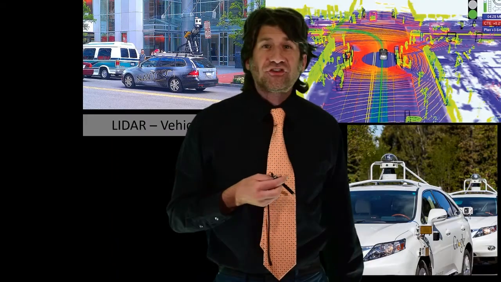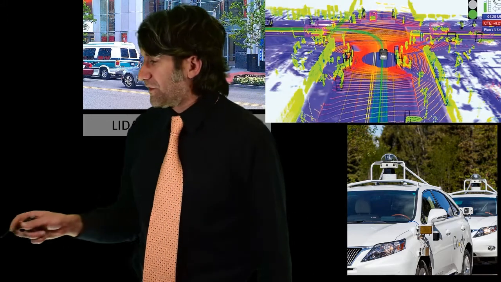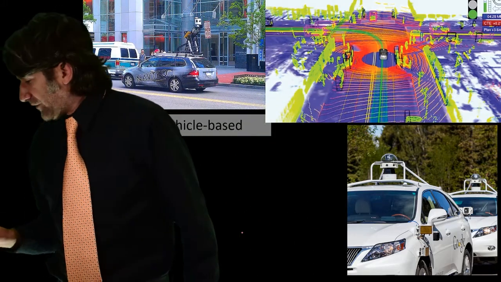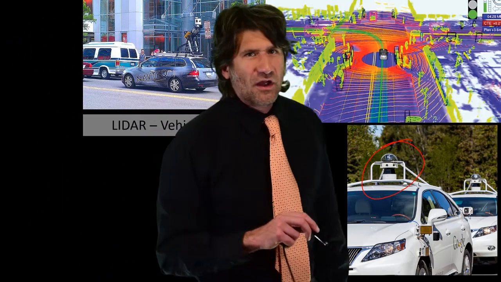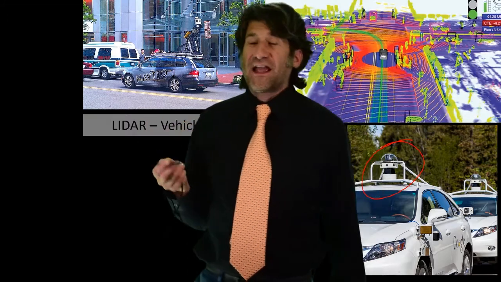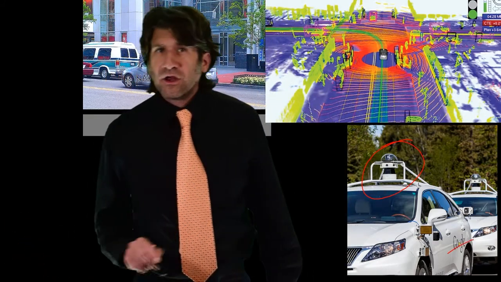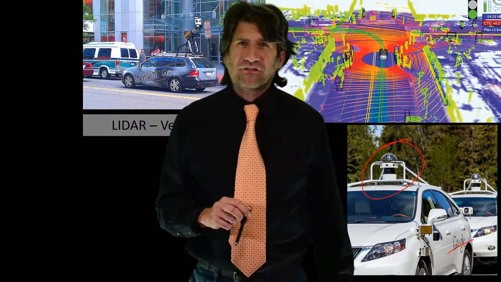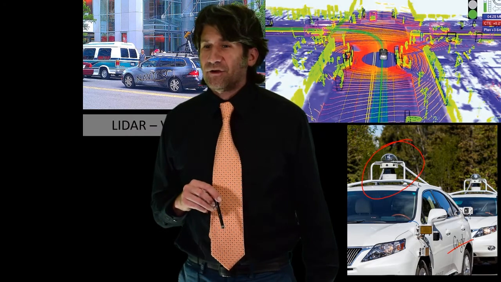You don't have to just mount these to a plane. You can mount them to a car as well. And this has become part of the autonomous car wars. Whether you need LiDAR on cars, Google, well, I should say Alphabet, they use LiDAR on their cars. This is a Google car here. Musk and his company Tesla, they don't use LiDAR in their systems, and Musk has kind of said that they don't need them.